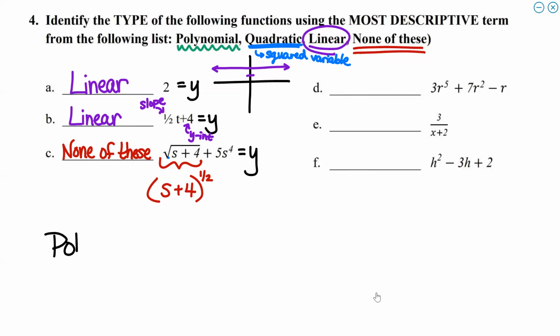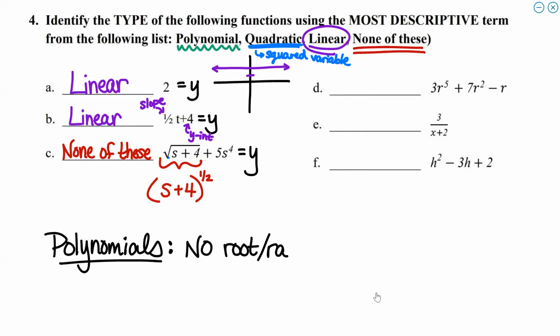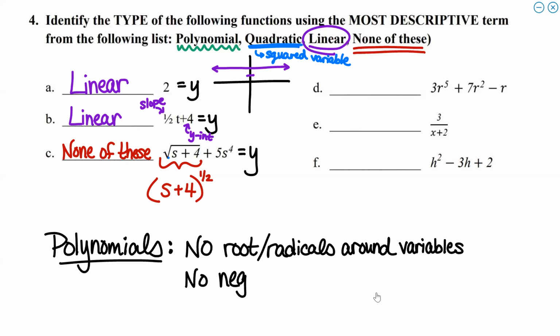Polynomials: no roots or radicals around variables. No negative exponents.